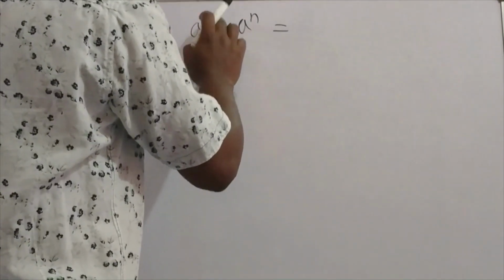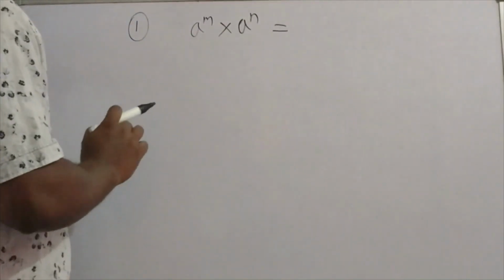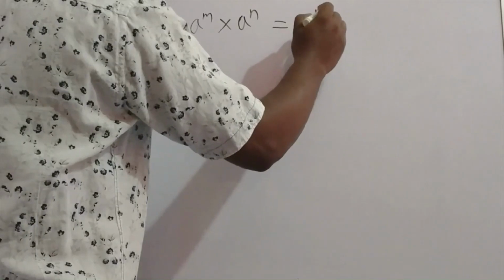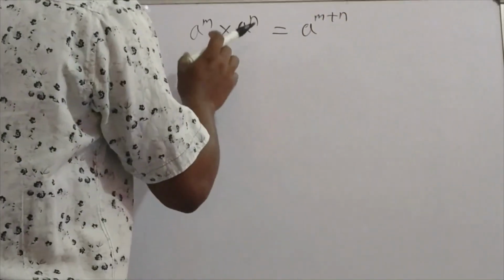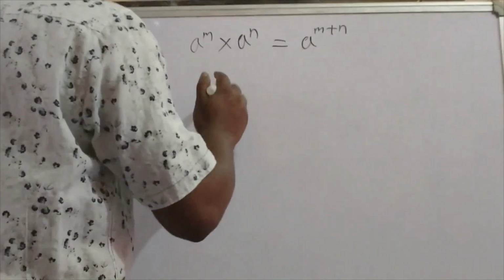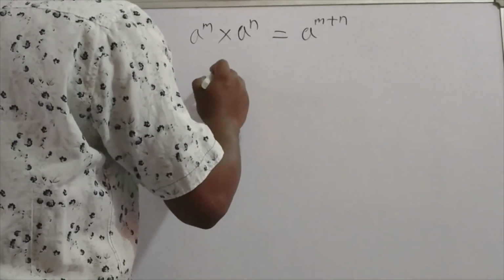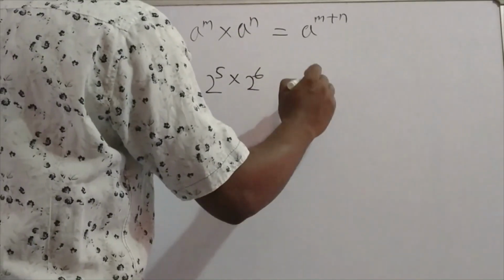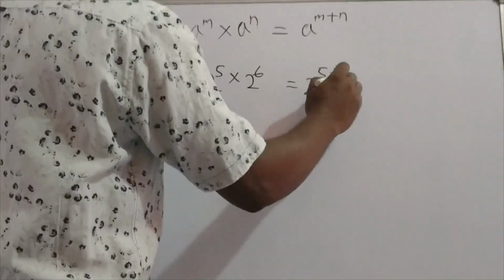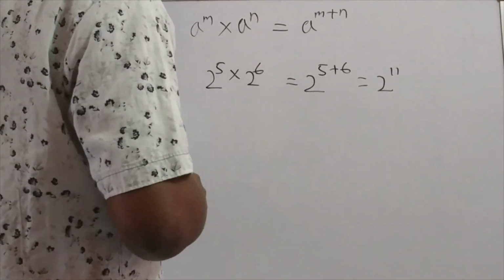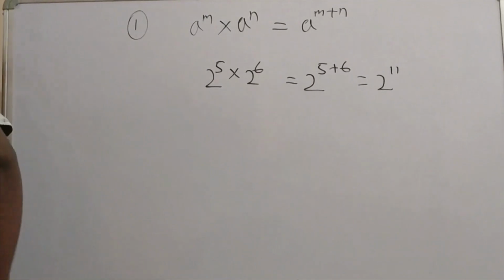A to the power m multiplied with a to the power n. So in the exponential form we can write a to the power m plus n. If it is multiplication, the power must be added. Suppose for example 2 to the power 5 into 2 to the power 6. So we can write it 2 to the power 5 plus 6. So it will be 2 to the power 11.